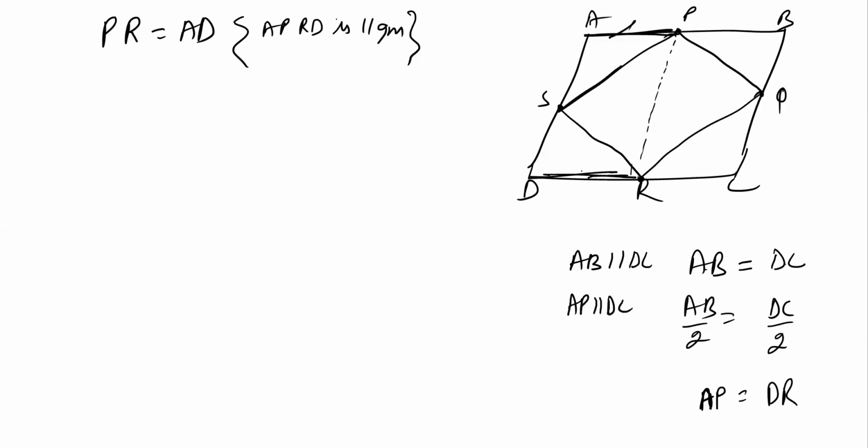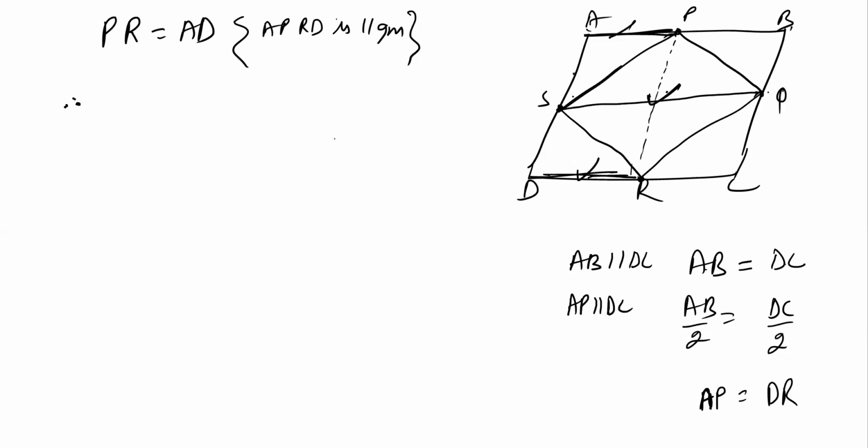So this side is parallel to this side, and we can say that it is a parallelogram. So this side is equal to this side. Got it?